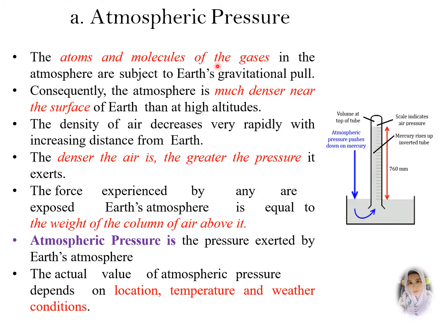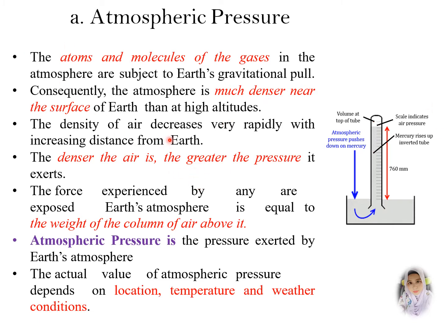Atmospheric pressure, also known as barometric pressure, is the force exerted against a surface by the weight of the air above the surface. All atoms and molecules of the gases in the Earth's atmosphere are held by the gravitational force of the planet.